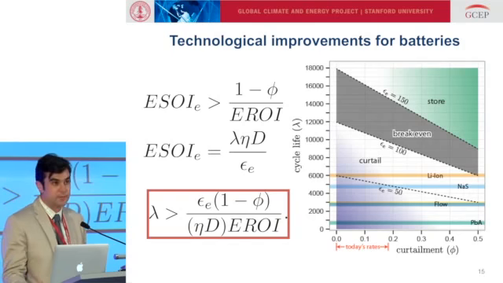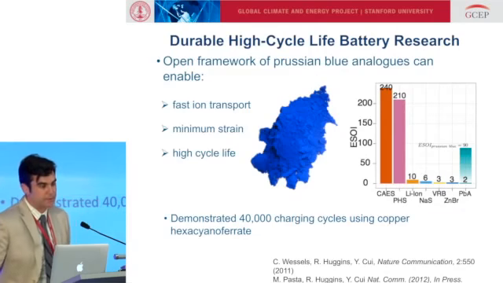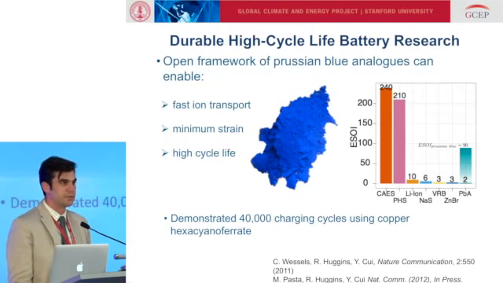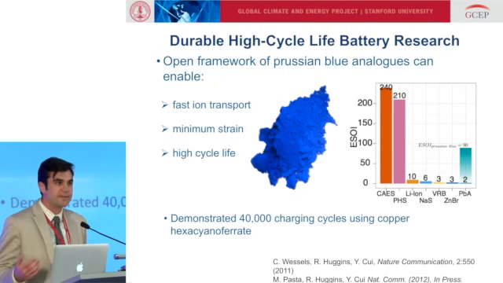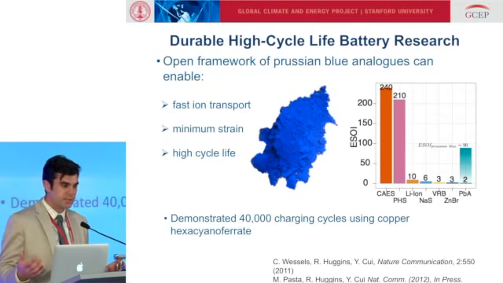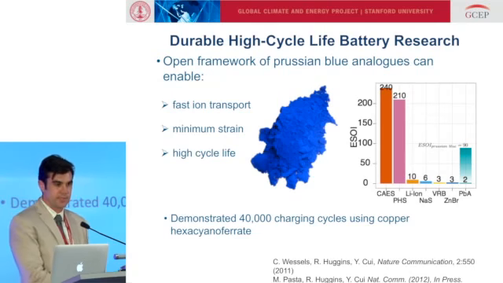And this is achievable. GCEP is funding one such technology that's achieving 40,000 cycles. It's a lead acid battery type technology. It's stationary, it's filled with water, and it's based on an open framework of Prussian blue analogs.